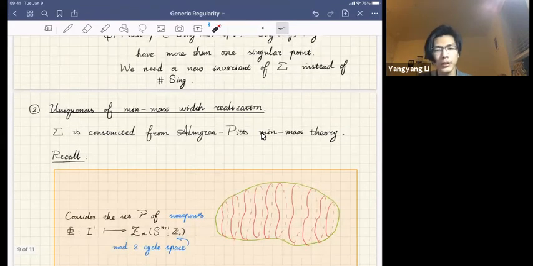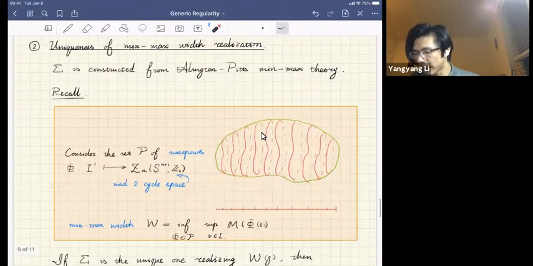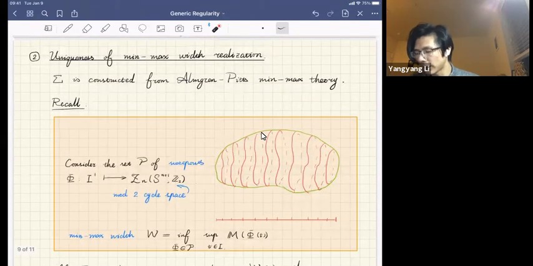Here I need to mention that the sigma we are considering is constructed from the Allen-Cahn min-max theory. So let's recall that in the Allen-Cahn min-max theory, we consider the set of all the sweepouts, and then the min-max width is the following min-max value.